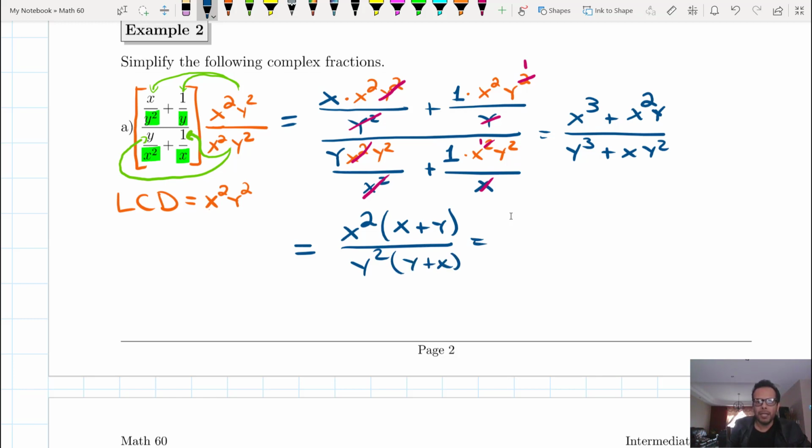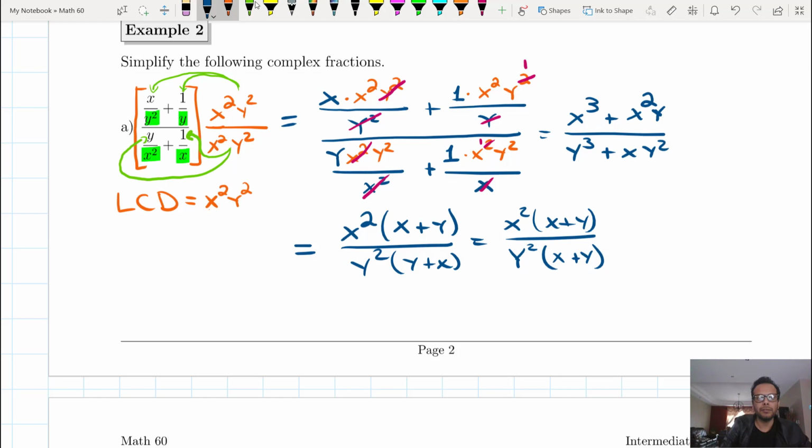Okay, but hey, wait a minute. This y plus x is exactly the same as saying x plus y, because when it comes to adding numbers, order doesn't matter for addition, but it does for subtraction.